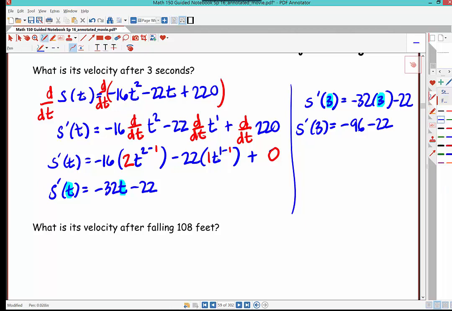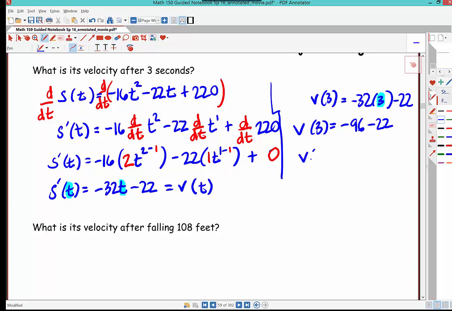So let's make that clear. So the v at t is this. So v at 3 is that, and we'll have v at 3 is this. So v at 3 will be negative 118, and it's going to be in feet per second. Good so far? Awesome.